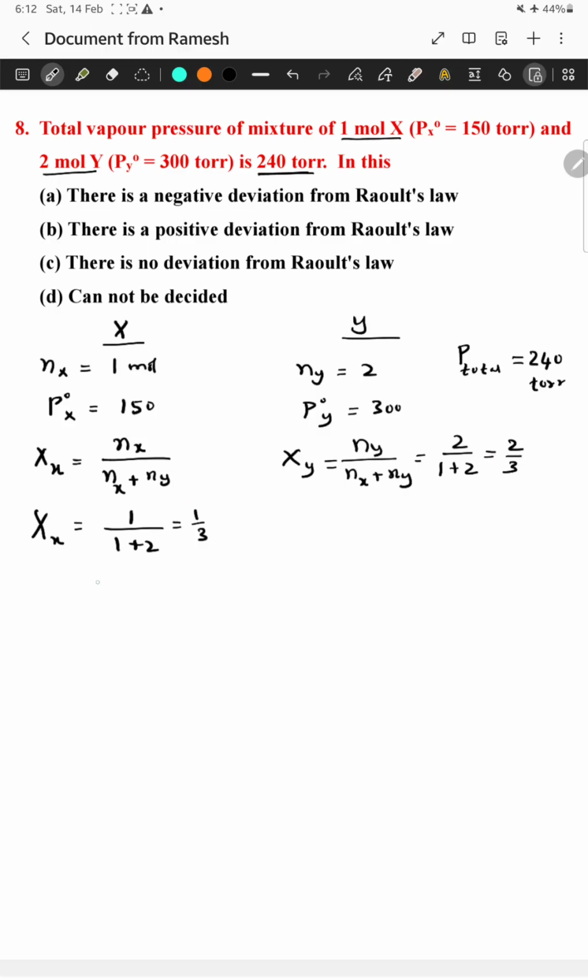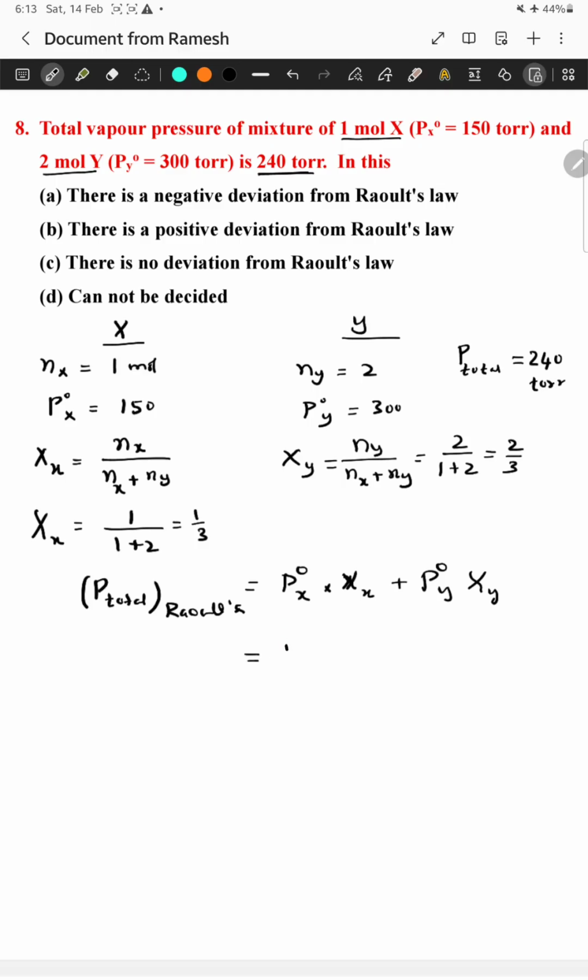Now you calculate P total using Raoult's law. I will consider it as P total Raoult's. That is given by the formula P naught of X into chi of X plus P naught of Y into chi of Y. Now you substitute.